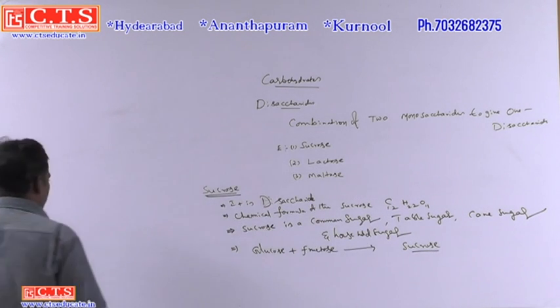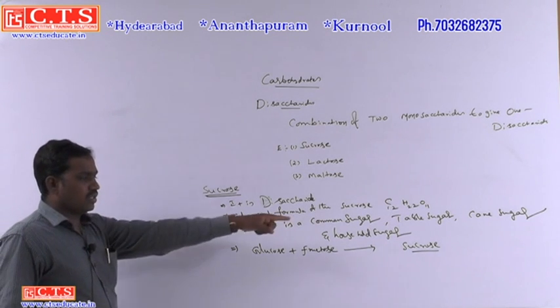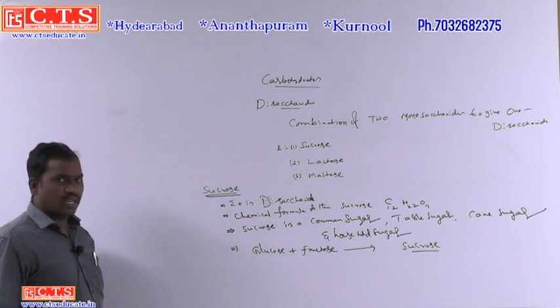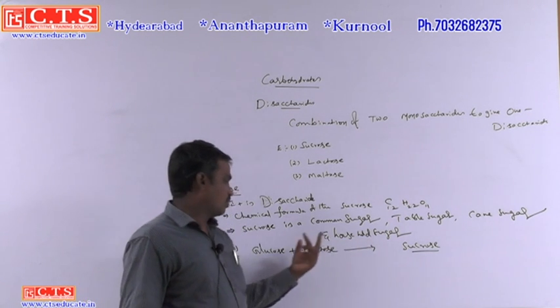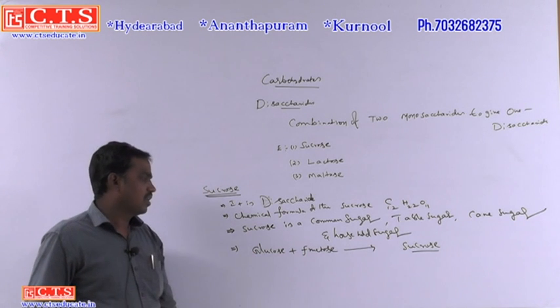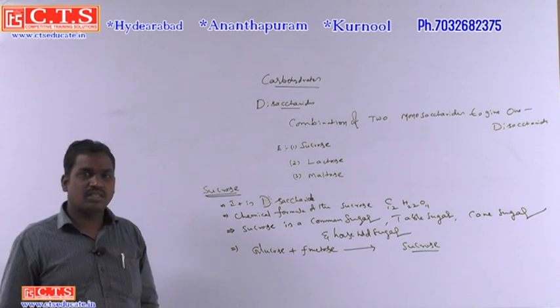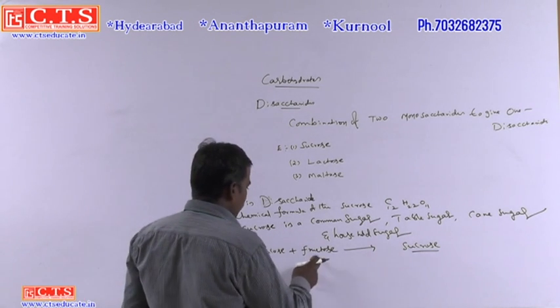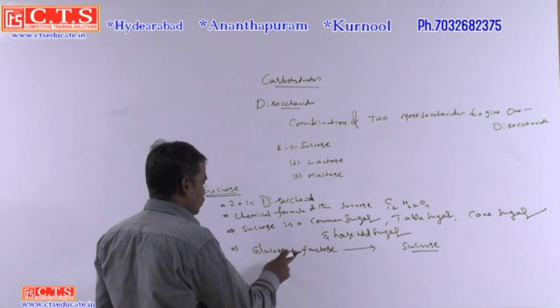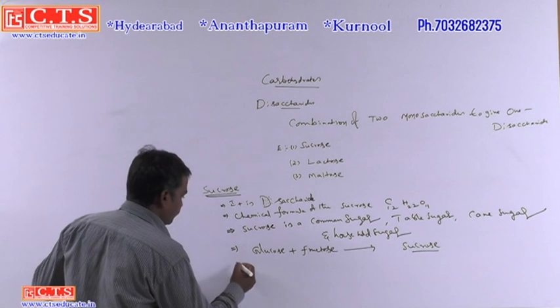Sucrose is a disaccharide. The two monosaccharides are: one is glucose, the second one is fructose. Glucose plus fructose, both sugars are present in sucrose.